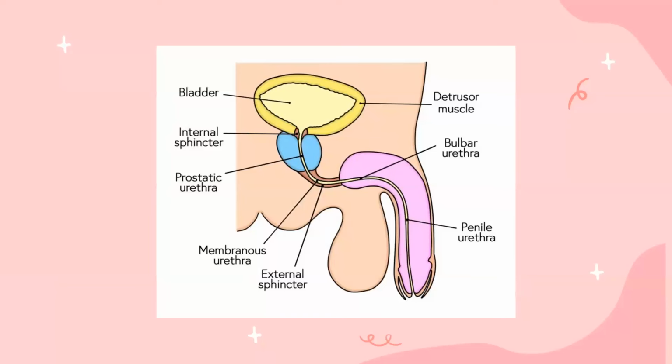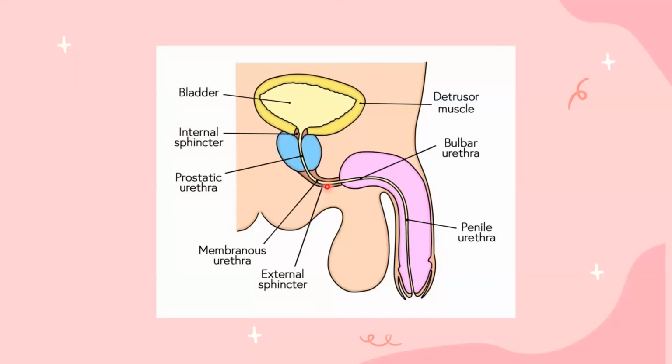It is the shortest, the narrowest, and the least dilatable part. And because of that, during a catheterization in which they insert a catheter into the urethra, it is very commonly injured. Not only that, you guys can see that it also has this curve. So because of that curve, it's very susceptible to getting some kind of injury.